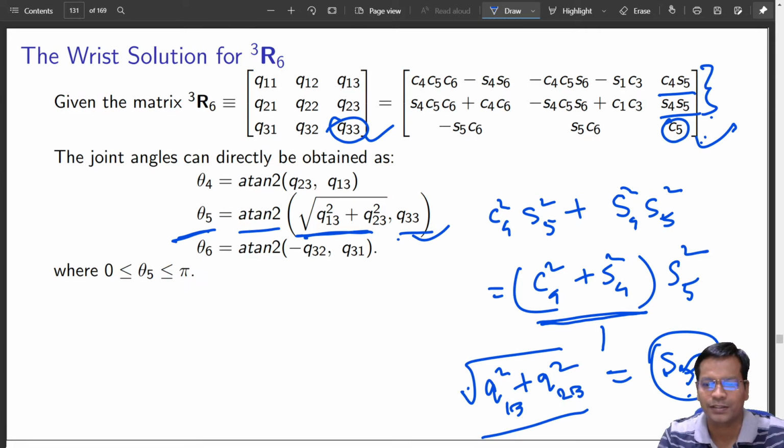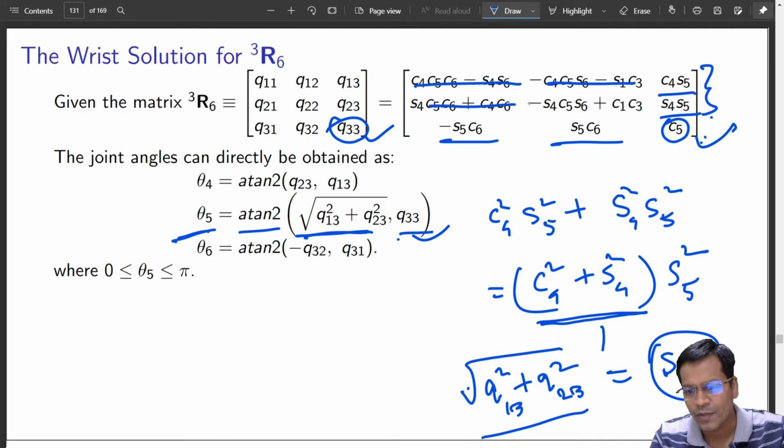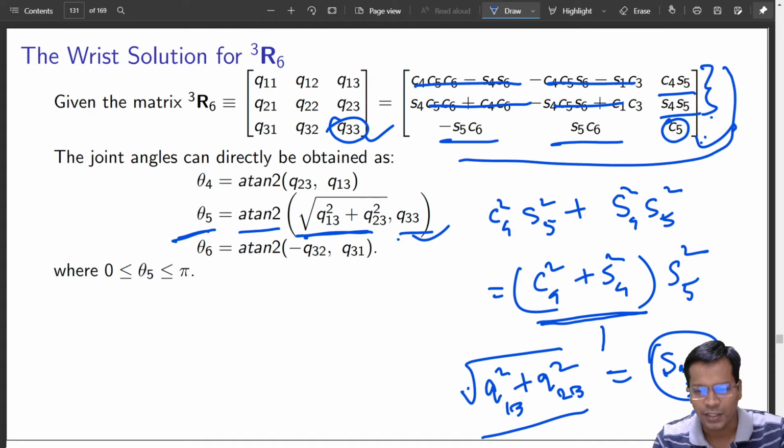Now theta 6. You see this. Fortunately, for this solution, you don't need to use these. Only these elements are sufficient to solve this equation. Now I'll use this and this. If you divide these two, what can you get? C6 will go off.